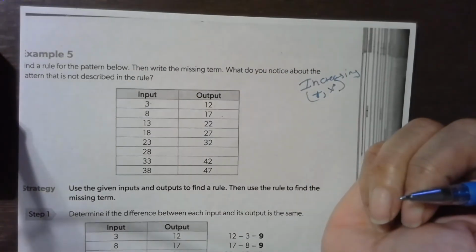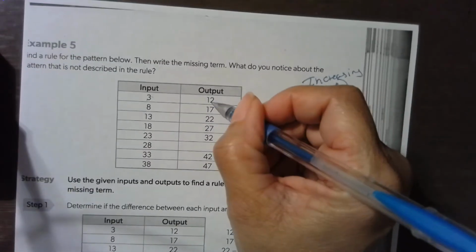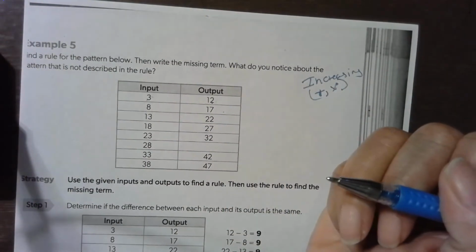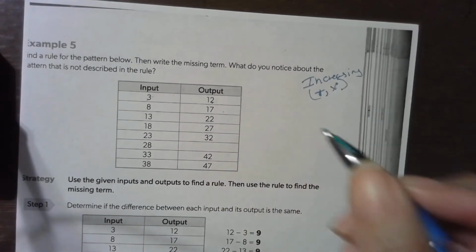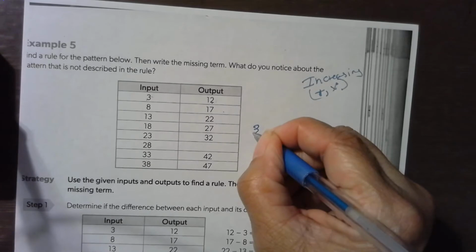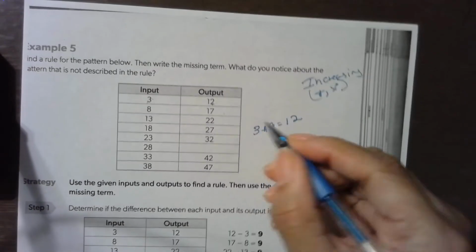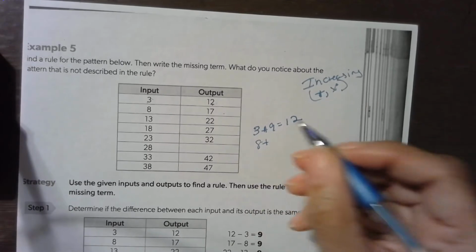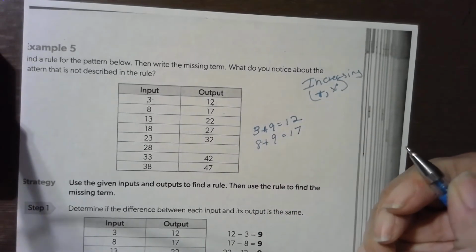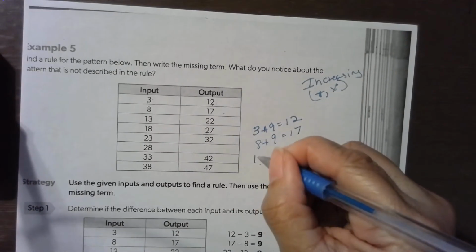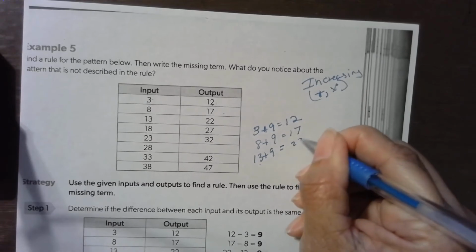If we work it backwards, it's another way to see. 12, what do I need to add to 3 to get to 12? So 3 plus 9 equals 12. Let's try it for the next one. 8 plus 9 does equal 17. 13 plus 9 equals 22.